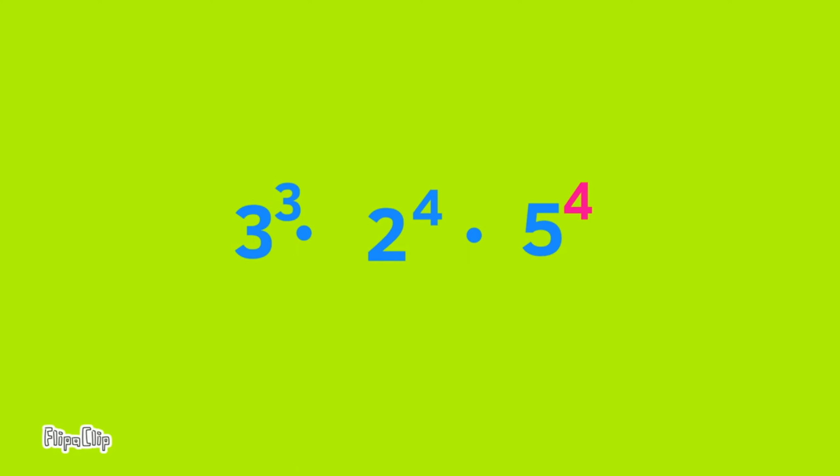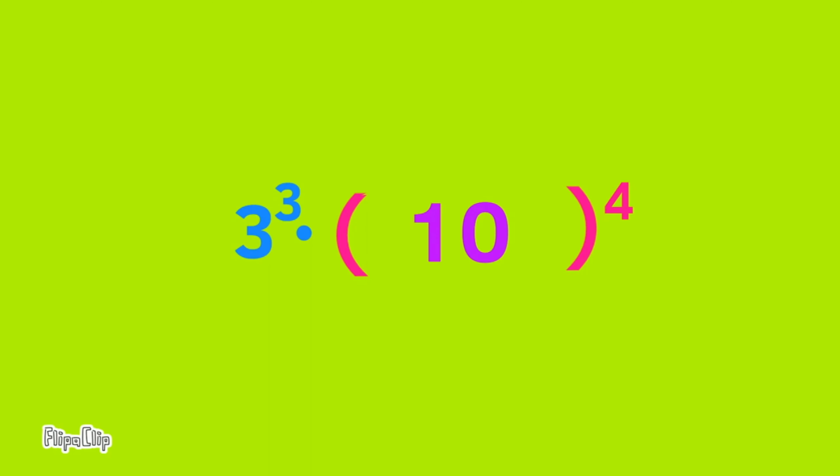To illustrate why, I can take their common factor, the power of 4, and put it outside the parentheses. And 2 times 5 all to the power of 4 is equivalent to 10 to the power of 4. Now the expression looks a little bit different: 3 to the power of 3 times 10 to the power of 4.